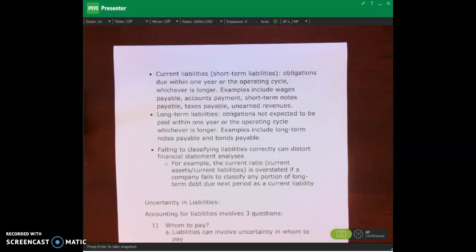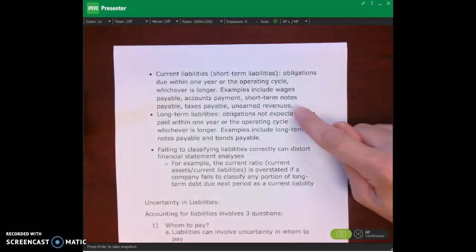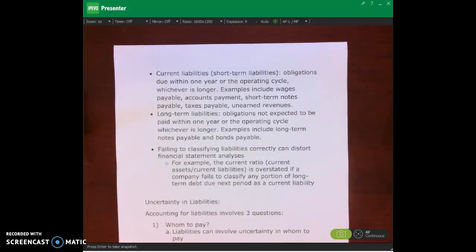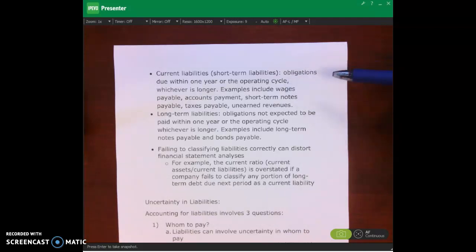So for example, the current liabilities that we'll be talking about in this chapter, wages payable, accounts payable, short-term notes payable, taxes payable, unearned revenues are examples of short-term liabilities. So think 1 year or the operating cycle, whichever is longer.